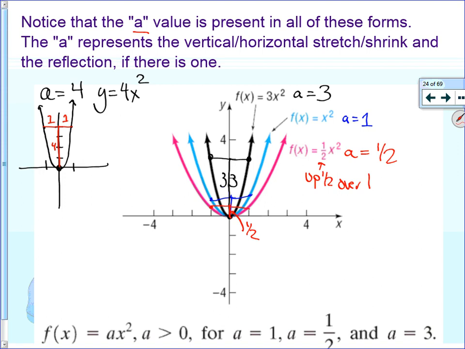So that's going to be an even wider parabola because I go up 1/3 over 1. This is 1/3. That is super tiny, I apologize. Can you guys read that little 1/3? Up 1/3 over 1.